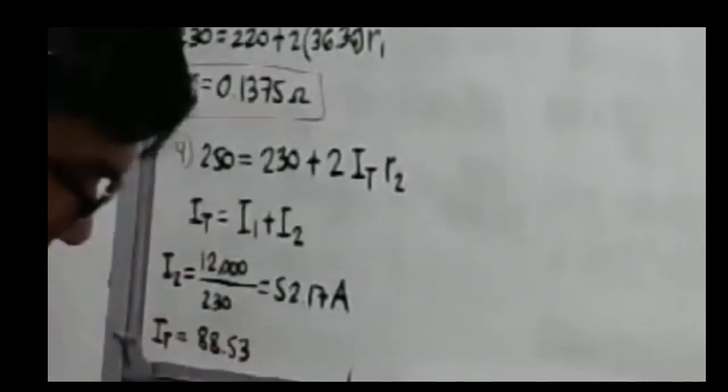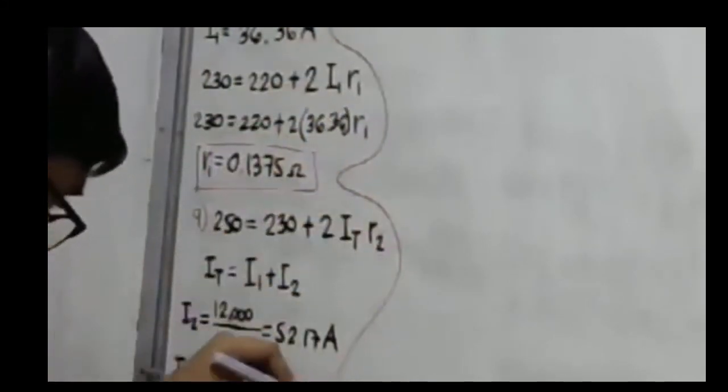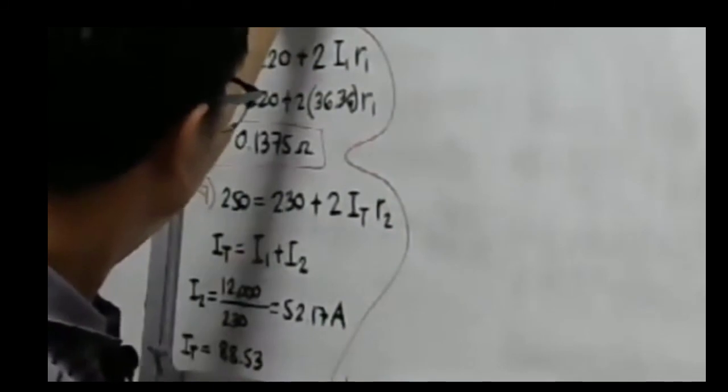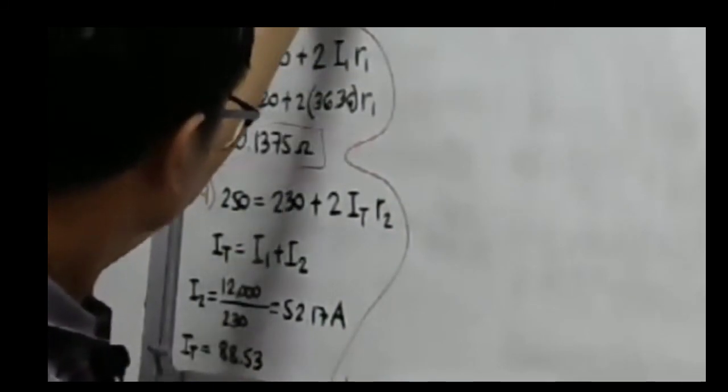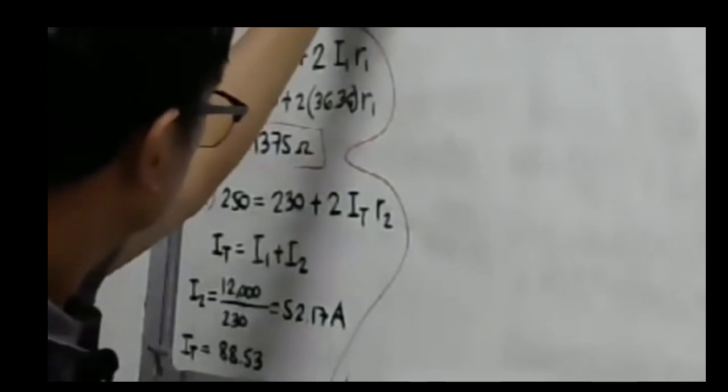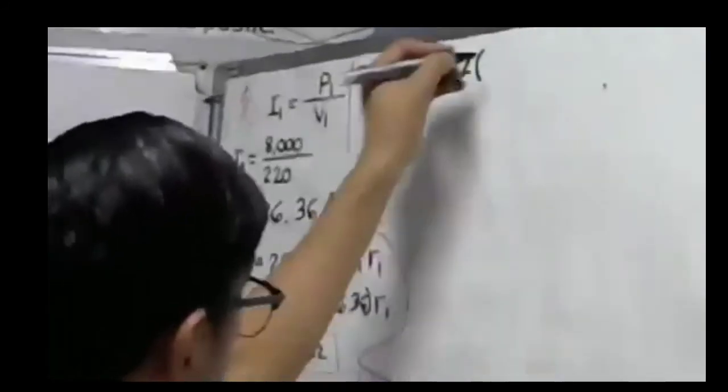Okay. Take a look here. We will substitute the values. We have 250 equal to 230 plus twice I total, 88.53.